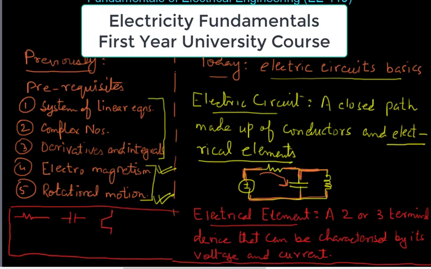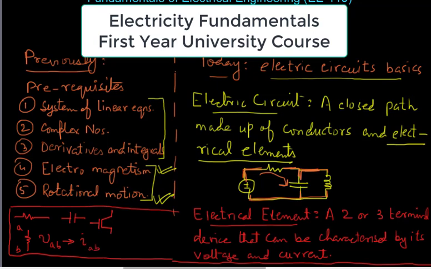This is a BJT transistor, and it has three legs. So an electrical element is a two or three terminal device that can be characterized by its VI characteristic, voltage-current characteristic. For example, let's take the example of a resistor. Let's say one of its legs is A and the other is called B. I apply some voltage VAB, and some current IAB is going to flow in response to that.